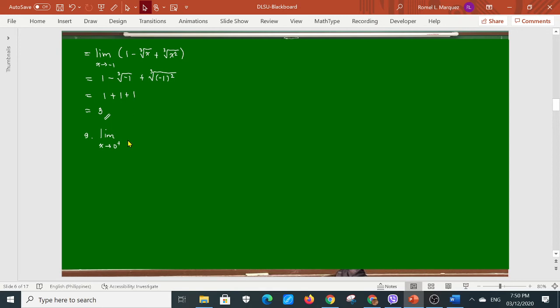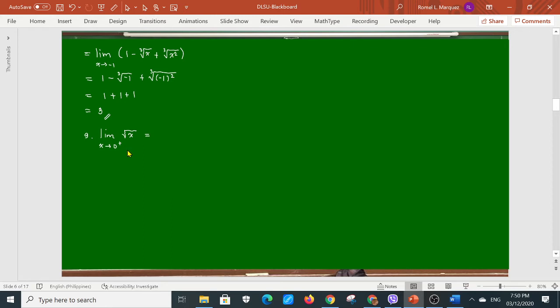I don't think it should be from the right. We don't have from the right yet. Sige, from the right. Review first: square root of x. What is the limit of square root of x if x comes from the right?